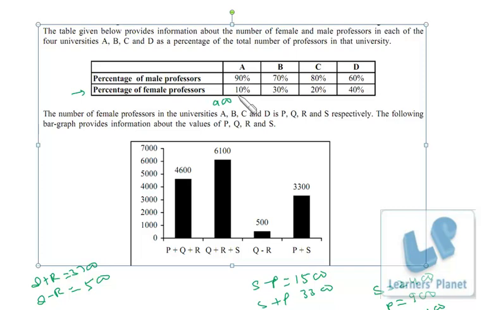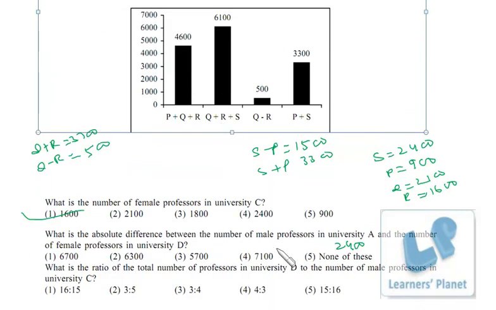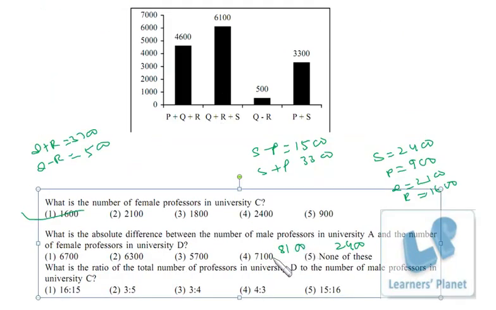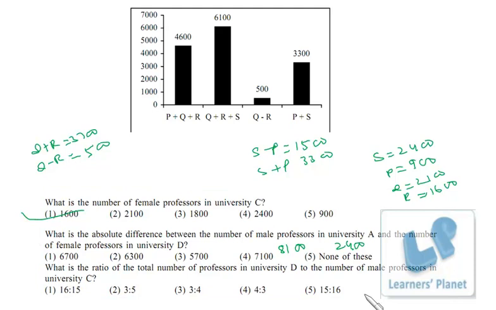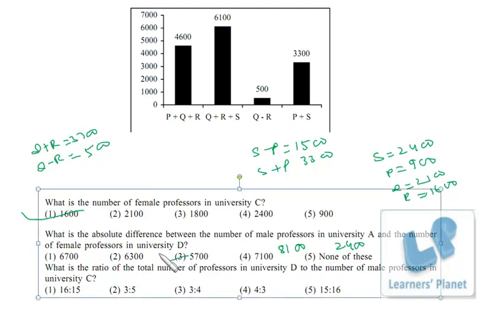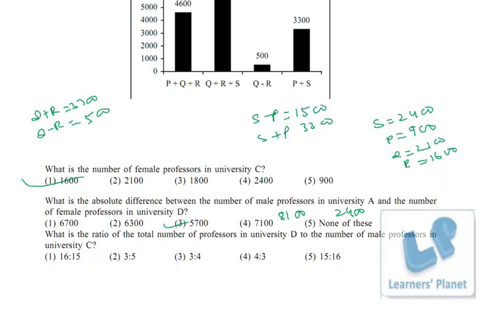So 90% must be 9 times of 10%. So 9 times of 900 is 8100, right? So it's 8100. So the difference between 8100 and 2400, that we have to find out. So that is 5700. Okay.